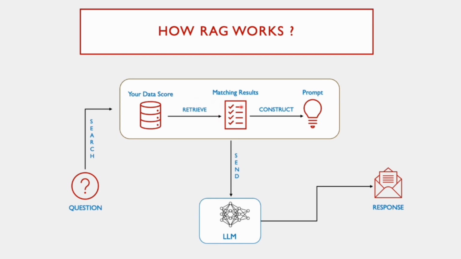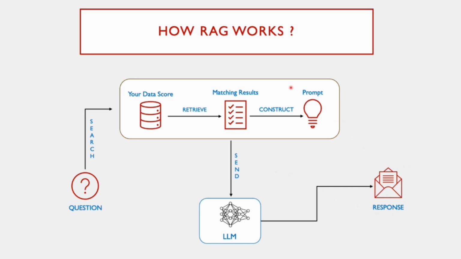Now, once you get the data, it is then constructed through prompts to present the meaningful human readable format. So it could be even a video or an audio or a text format or images, charts and PDF file or even an email. So those could be your responses.